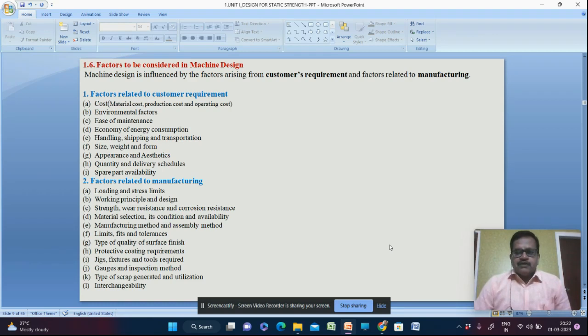If the inner diameter of the bearing or flywheel or pulley is greater than the dimension of the shaft by 1 or more, what is going to happen?